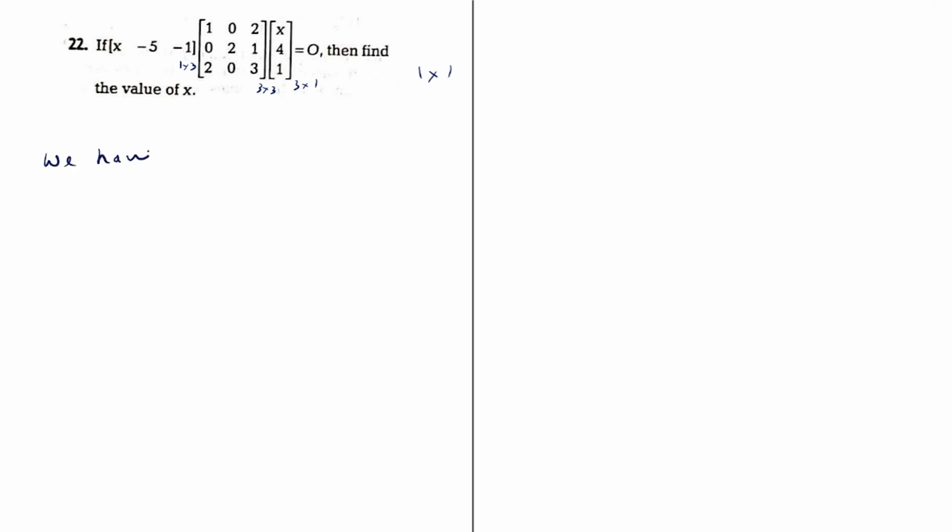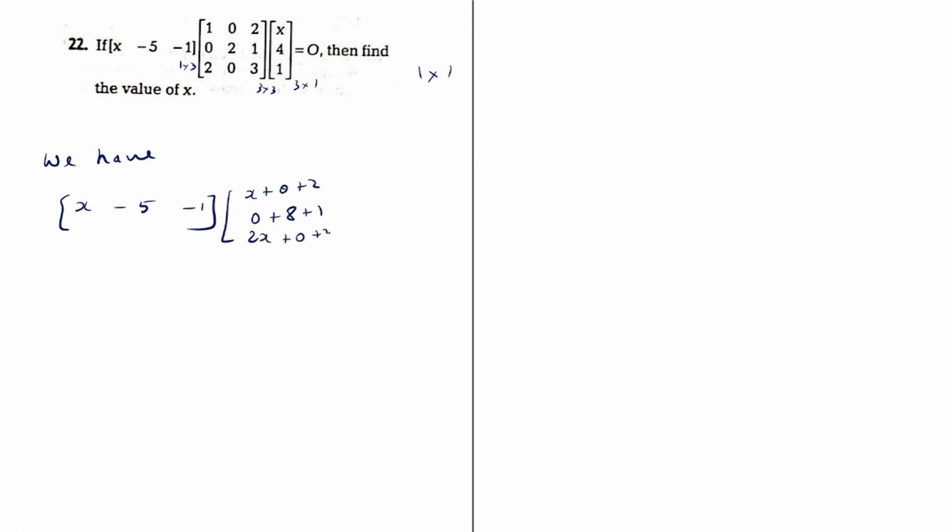We have x minus 5 minus 1 into this matrix, first row, first column. So it is x plus 0 plus 2, then second row, first column, 0 plus 2 into 4, 8 plus 1, 0 plus 8 plus 1, then third row, first column, 2x plus 0 plus 3.